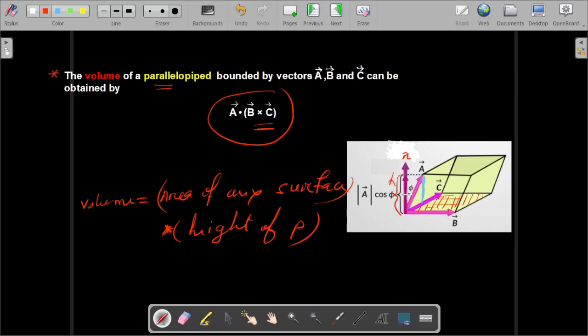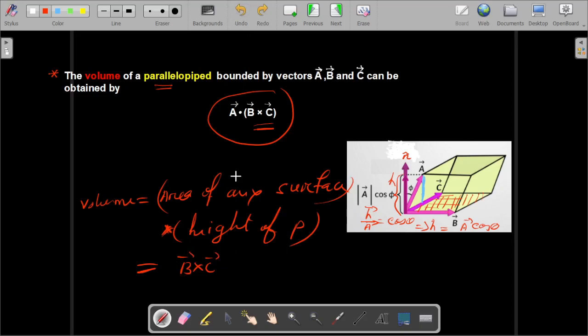What will be the value of the height? This is a vector. h by a will be cos theta, right? From there, you find the height h equals a cos theta. Now the area is how much? B cross C, dot product with B cross C. Here you have to take only the values.